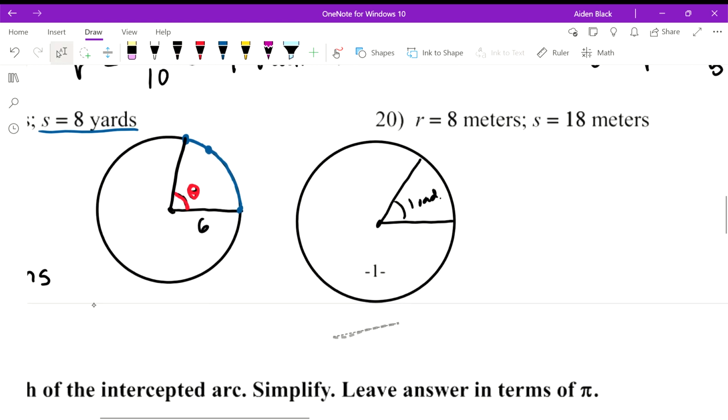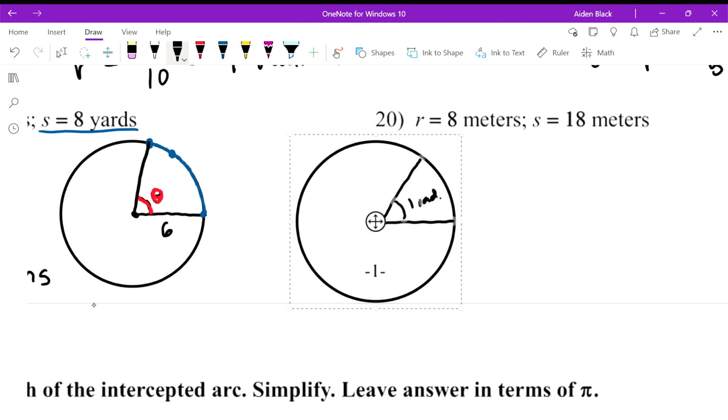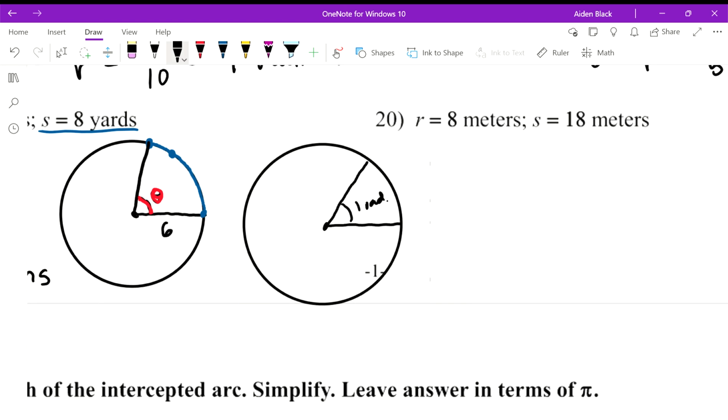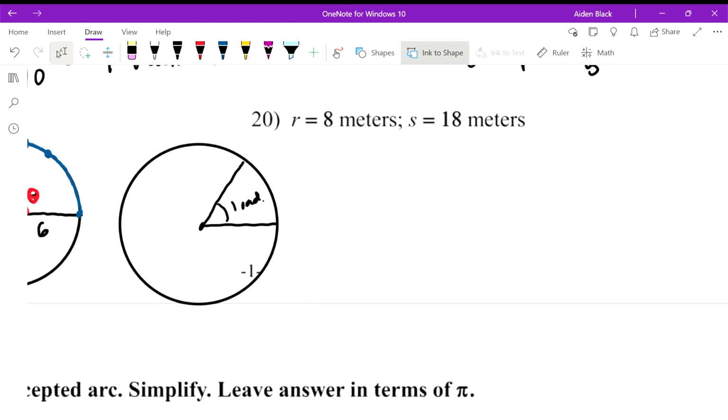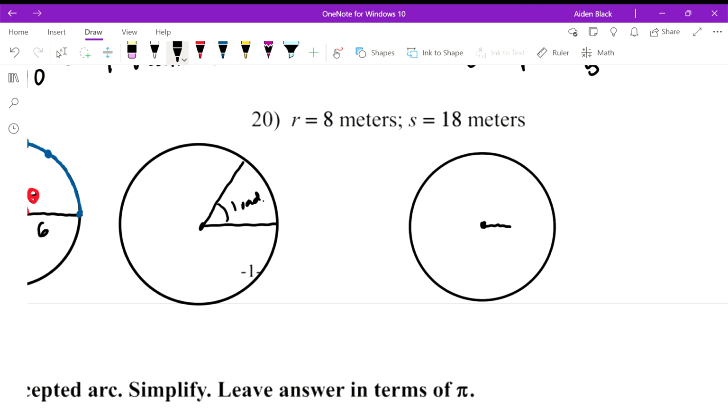I want you to be able to, again, conceptualize what's going on here. So move that over and this over. So in this case, we have a radius of 8. I want you to think, how many radians are in a circle? Do you remember? How many radians are in half a circle?